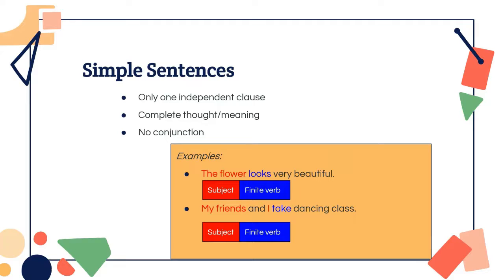And for the second sentence, the subject is "my friends and I", and the finite verb is "take". And again, to check whether these two sentences have just one independent clause, we cannot find any conjunctions. So it is true that these two sentences are simple sentences.